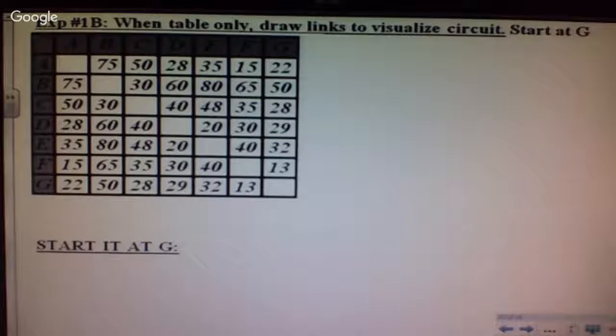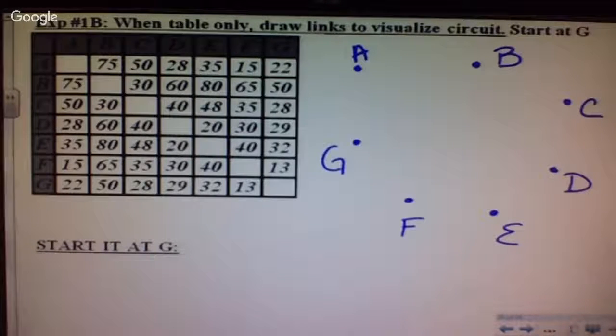We don't need to throw in the numbers, but I want you to put a dot for A, for B, for C, for D, for E, for F, and for G. This will help you because remember, you need to not have more than 2 lines coming out of a dot, and you need to not create a circuit. I need to visually see what I'm doing.